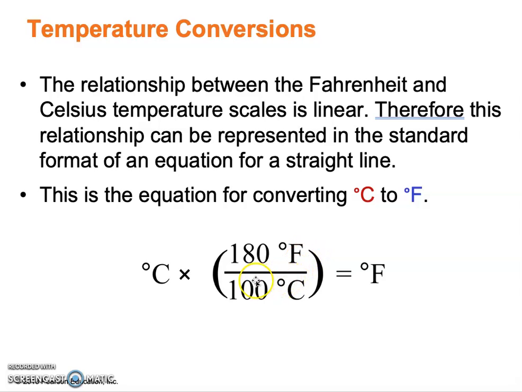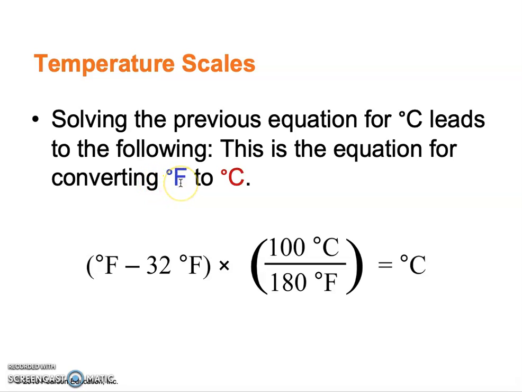You just need to memorize the equation for converting a temperature in Celsius to a temperature in Fahrenheit. Instead of converting Celsius degrees to Fahrenheit degrees, you can also convert Fahrenheit degrees to Celsius degrees using this equation.